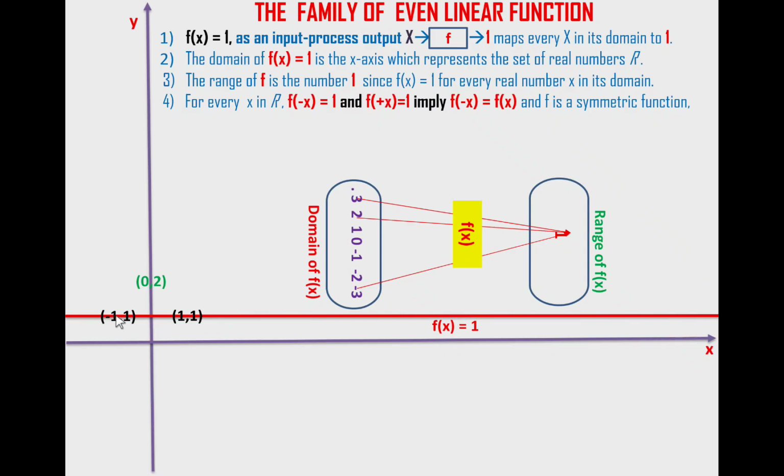F of minus 1, which is this one, equal to f of 1, which is this one. This condition proves that f of x equal to 1 is an even function.